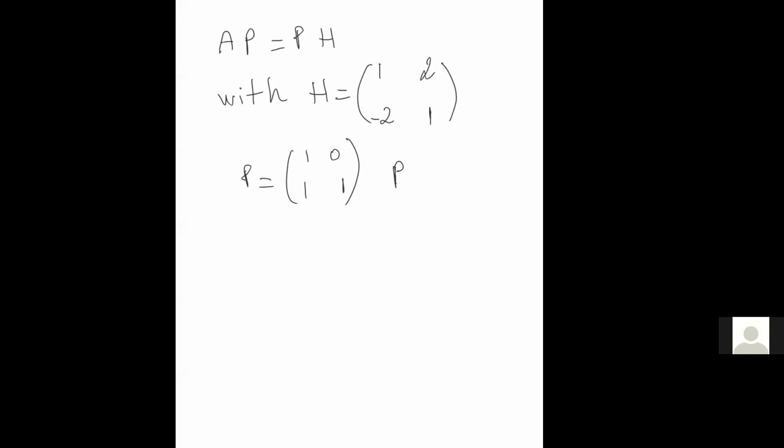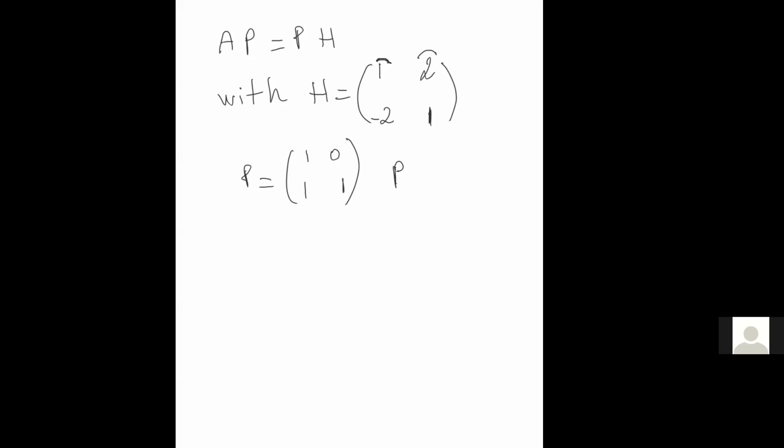So we have A = P H P inverse, with h equal to the real part of lambda, which is 1. Here you have minus b, here b, which is the imaginary part of lambda, and here you have your a.